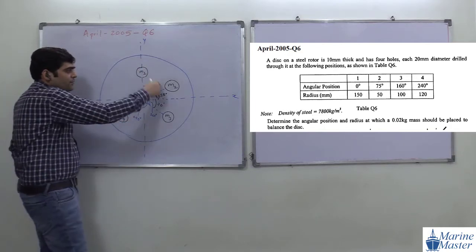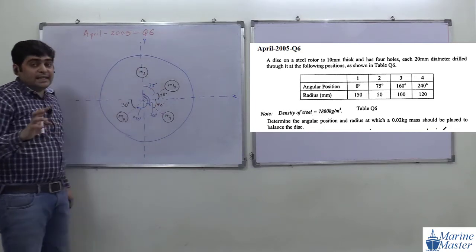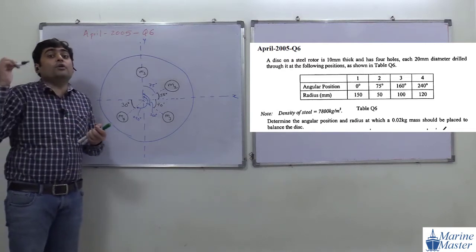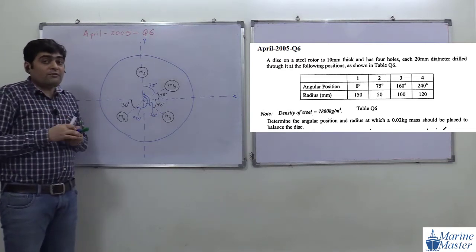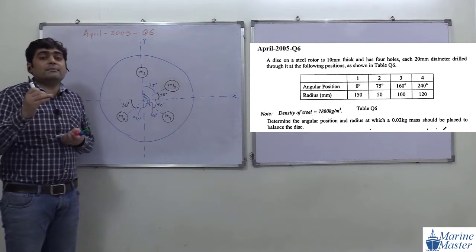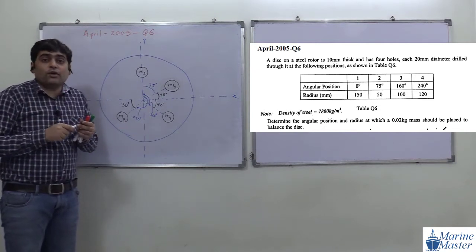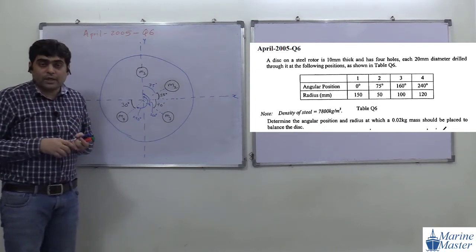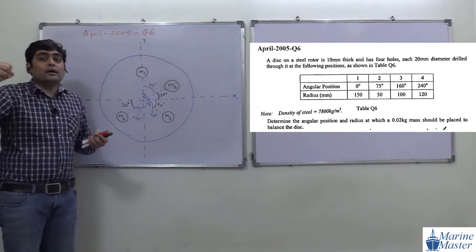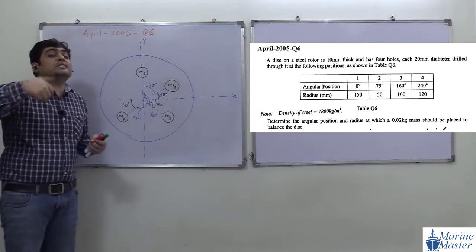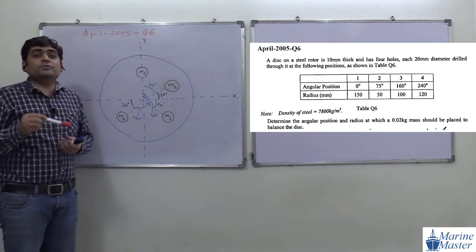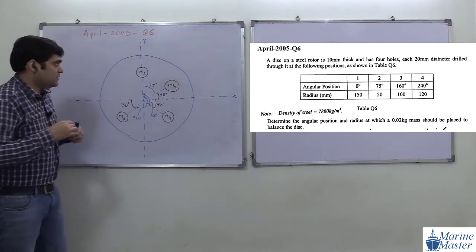All four masses M1, M2, M3, M4, basically these are where we are making a hole. Okay, what are we doing? We are making a hole, and whenever we are making a hole, in that scenario, what is the direction of the centrifugal force? Whenever we are removing material, the centrifugal force must be inward.